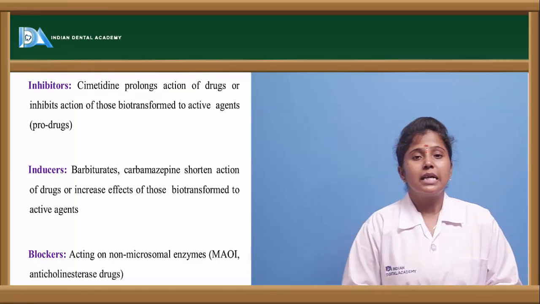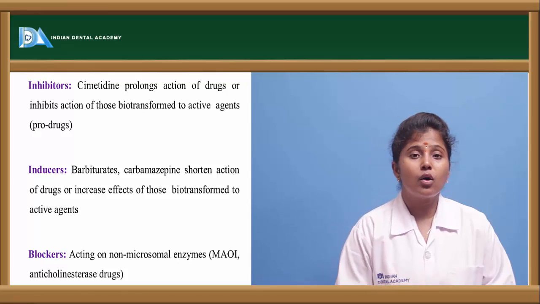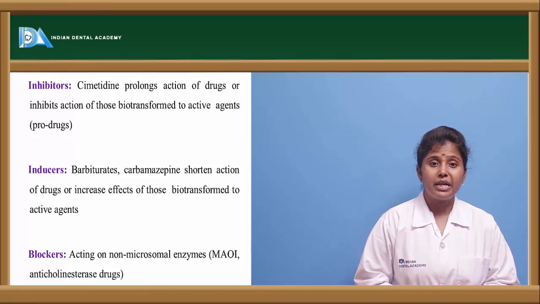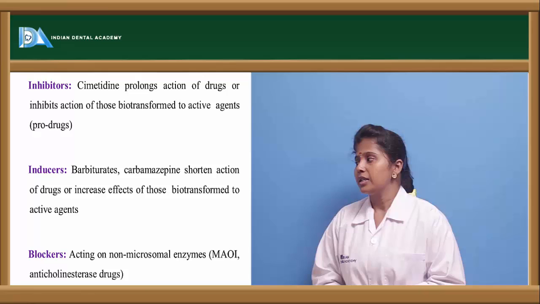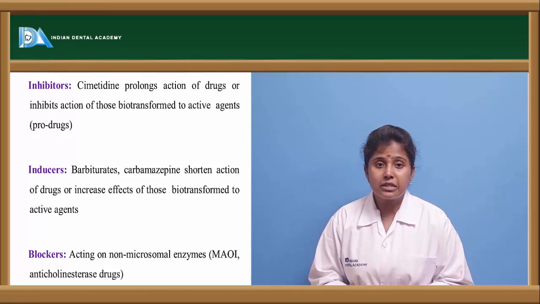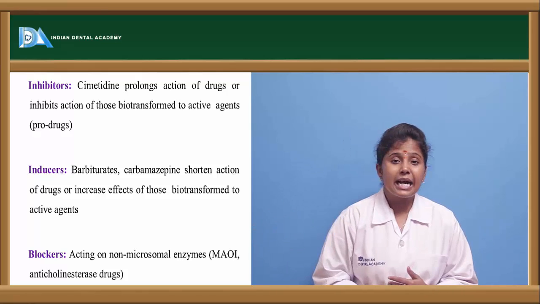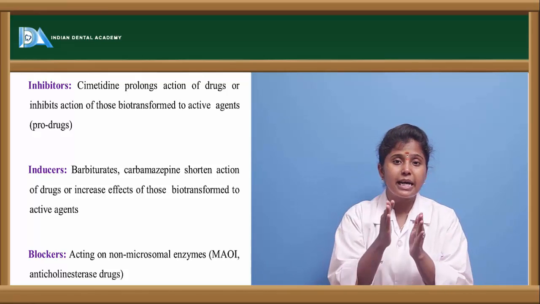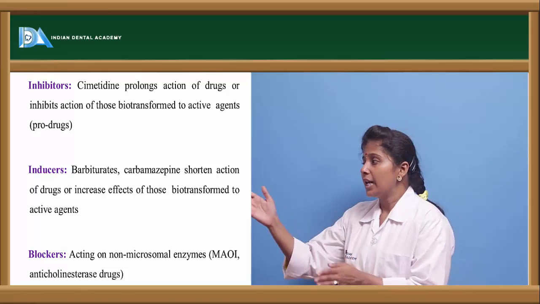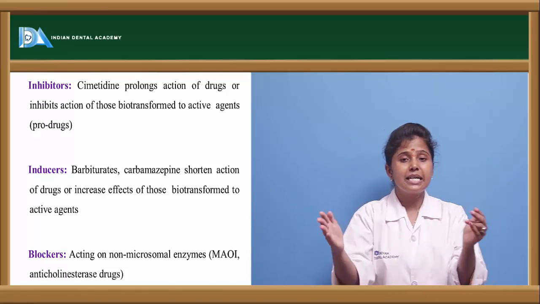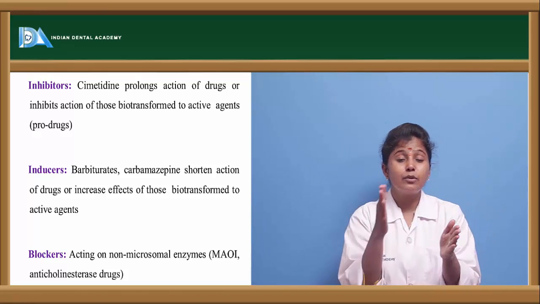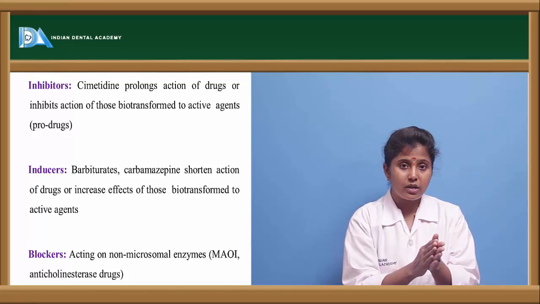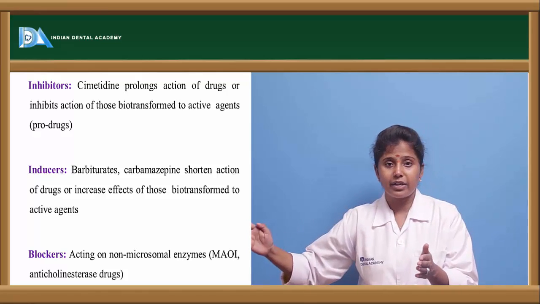The action of these cytochromes can be inhibited or induced by various drugs. A drug like cimetidine acts as an inhibitor of cytochrome P450. It inhibits the metabolism of the drug, thereby extending the efficacy of the drug.